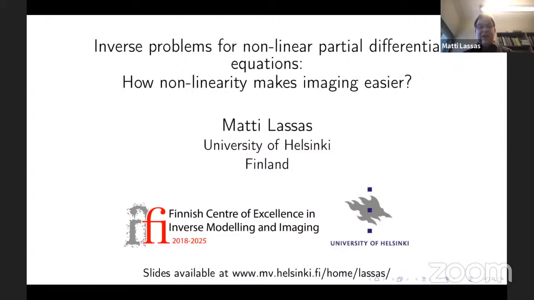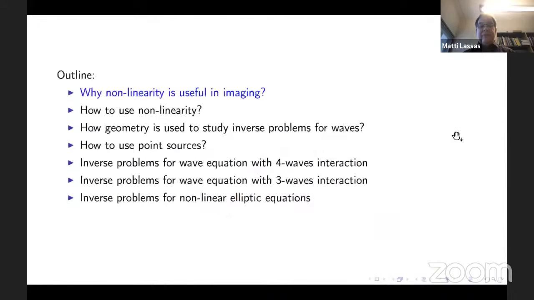So I changed slightly my title. I'm concentrating on this topic: how nonlinearity makes imaging easier. In my talk, I will start by explaining why we do this study of nonlinear imaging. What is the motivation?